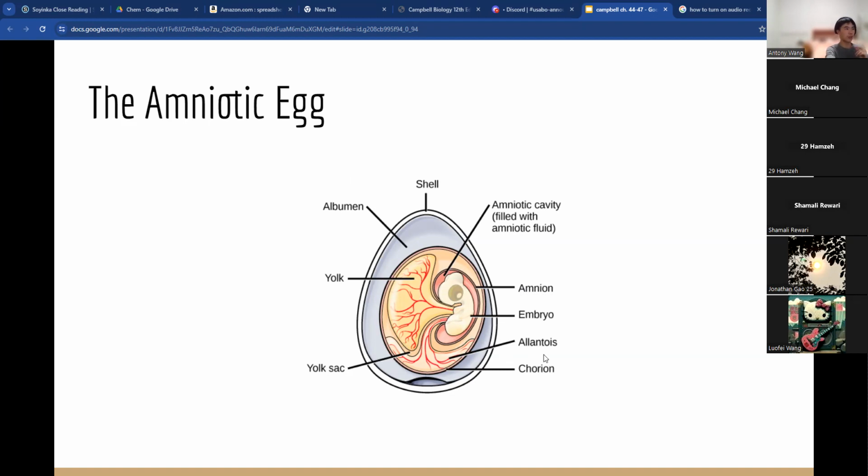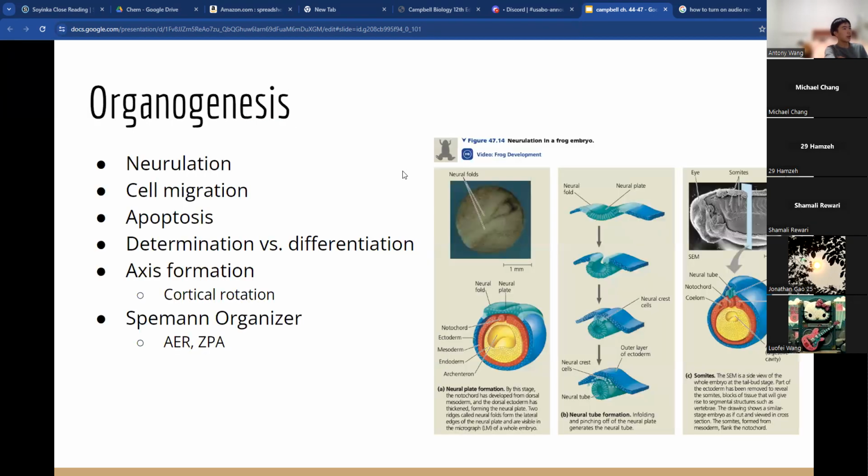They have similar functions: they both aid in gas exchange and waste removal. And the yolk sac is the food source, like proteins, whatever. Actually, I don't know if it includes carbohydrates.